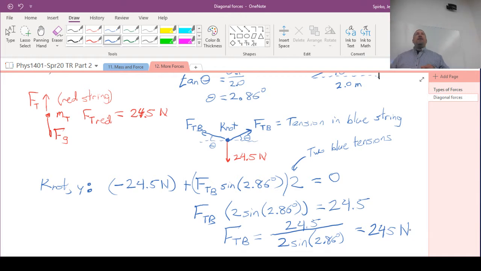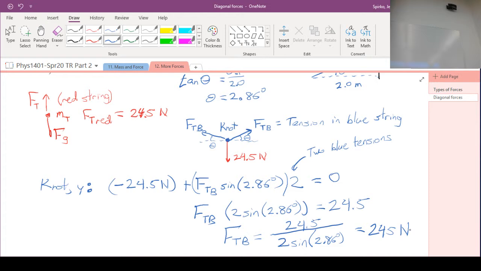So holding up this 24.5 newton object requires 245 newtons worth of tension in my string. And that's because the tension force is busy fighting itself. Most of this tension force is horizontal.